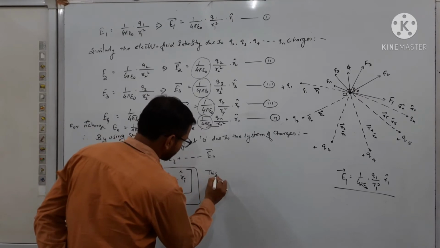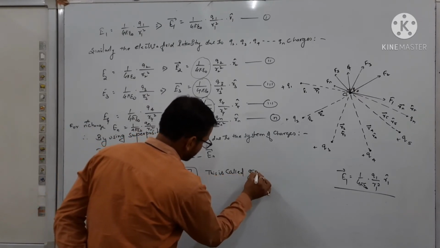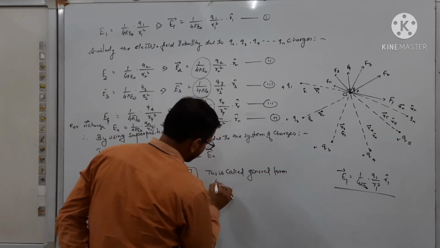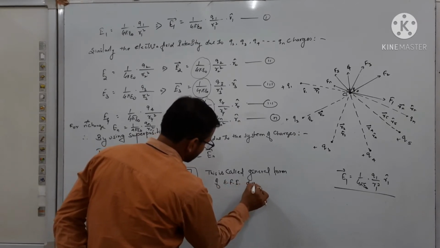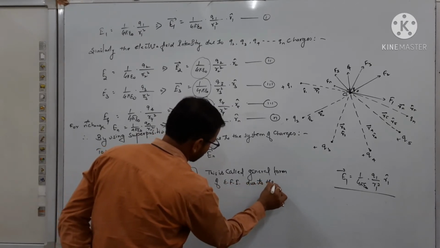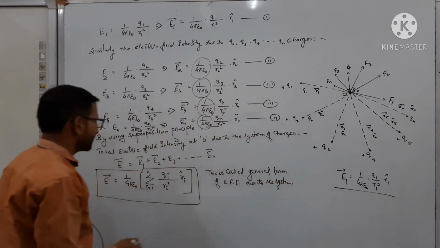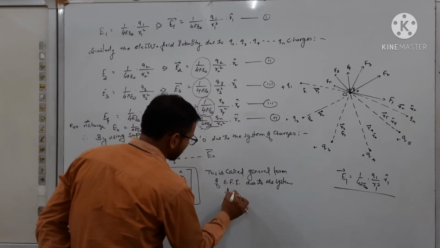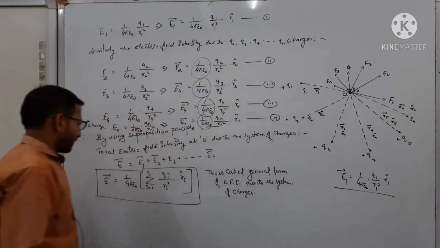This is called the general form of electric field intensity due to the system of charges, or you can say this is the electric field intensity due to a system of charges. Point clear?